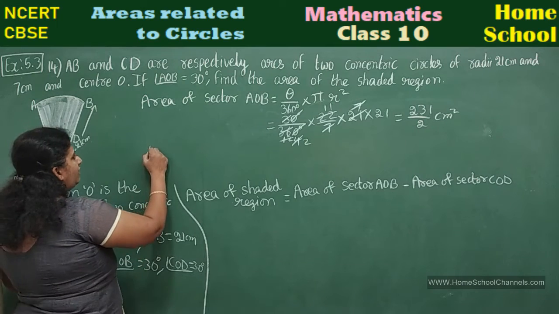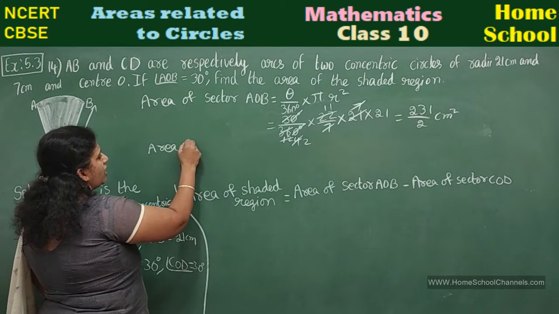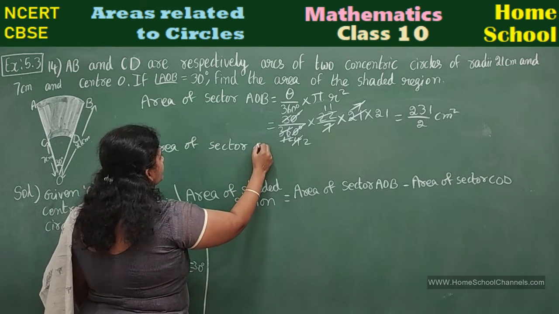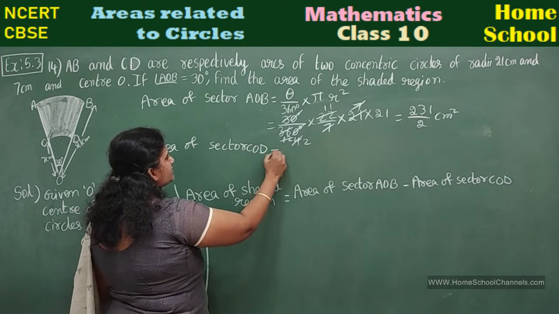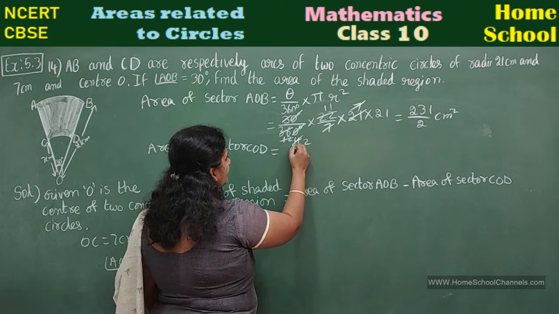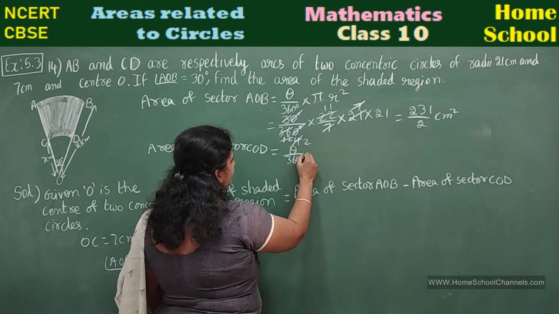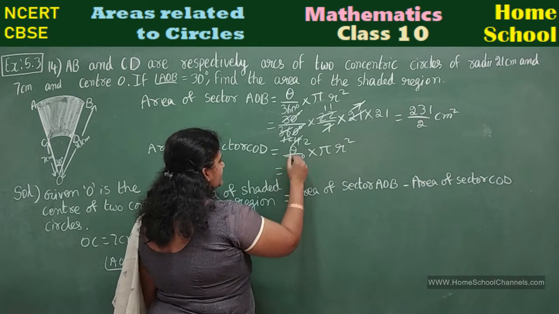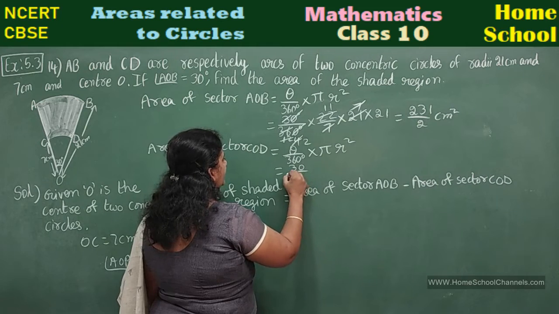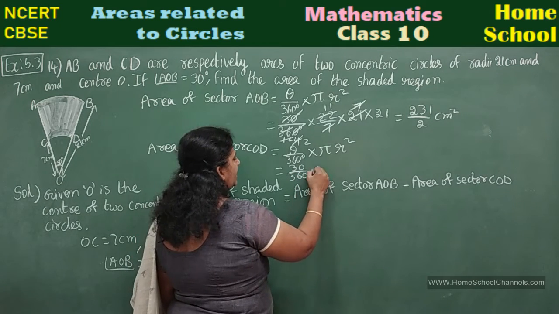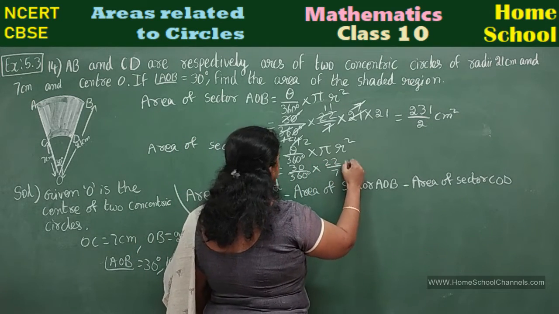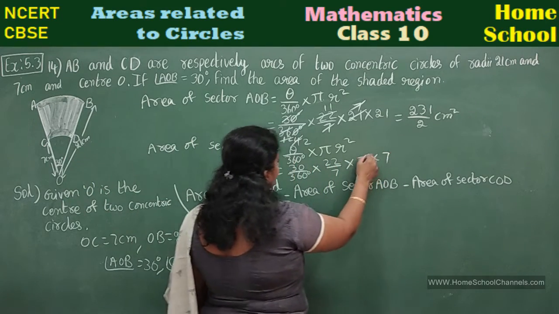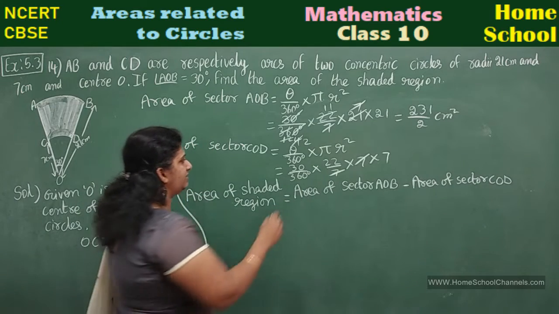Similarly, we are going to find the area of the small sector, that is area of sector COD, equal to the same theta by 360 degrees into pi r square. Theta is the same 30 degrees, 360 degrees, into 22 by 7, and the radius of the small sector is 7. 7 into 7, 7 7 will be cancelled.